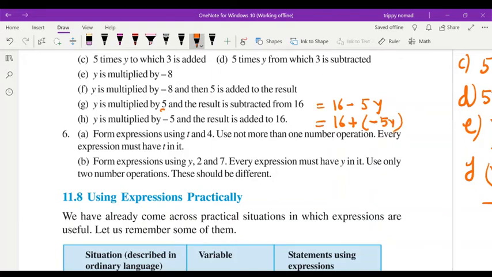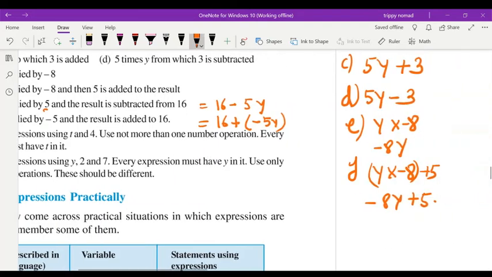I hope you understood. Now question number 6. From the expressions using t and 4, use not more than one number operation. Every expression must have t in it. Expression means addition, subtraction. So you will make these expressions yourself. These are the expressions, children, that we have made.